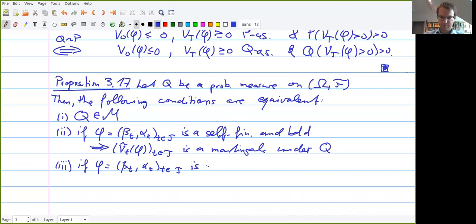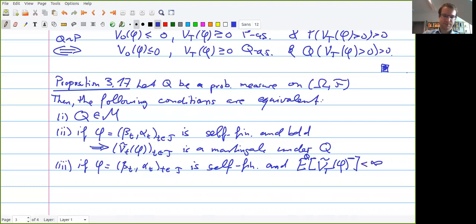And if I look at the expected value under this measure Q of the negative part of the discounted value process of phi, then this has to be finite.